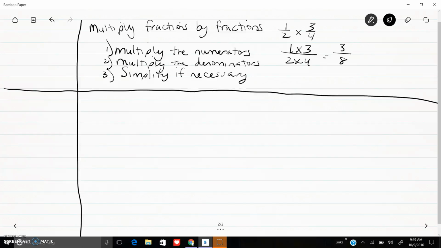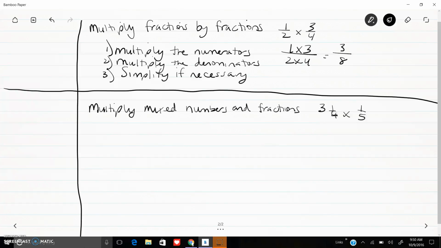And multiplying mixed numbers by fractions is very similar as well. All right, so let's say I had 3 1/4 times 1/5. Here I'm not comparing apples to apples, so I'm going to have to do something with this mixed number in order to make it into a complete fraction.